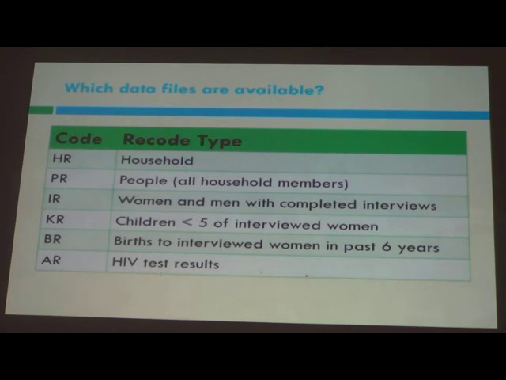And then there is a KR file, which represents children under 5 years of age, and the interview is done with their mothers, or somebody who's taking care of the babies. Then we have a BR file, which is the birth record, births to interviewed women in the past 6 years. And then we have the AR file, which has HIV test results.